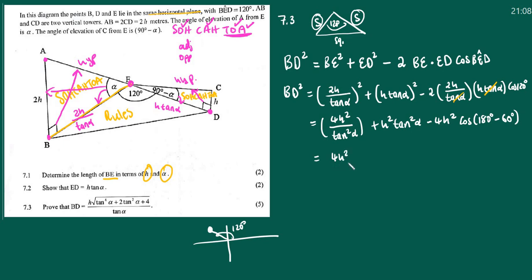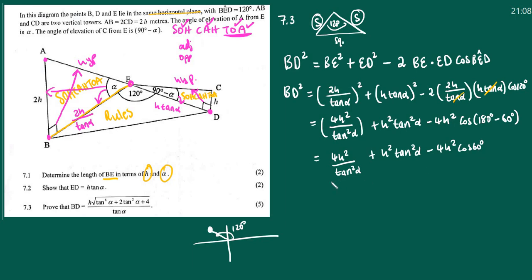You have 4h squared all over tan squared alpha, and then plus h squared tan squared alpha, and then minus 4h squared. Then you're going to have cos 60, isn't it?